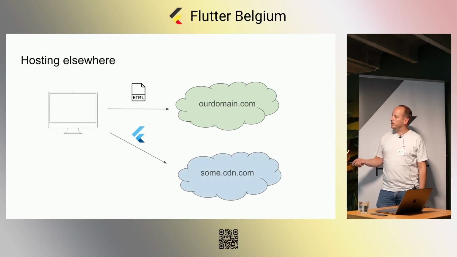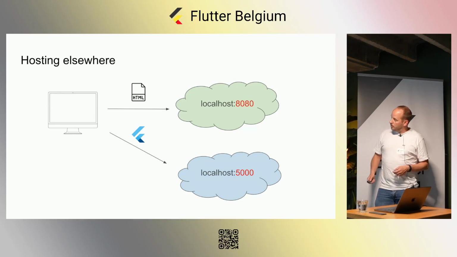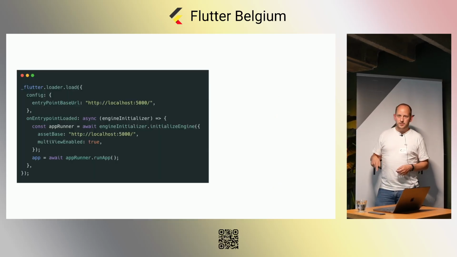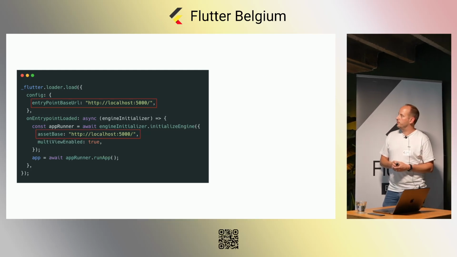And this is definitely going to happen when you're developing. So your Flutter app will run on a different port on localhost. Your web application will be somewhere else. Luckily, we can also provide this in our configuration.